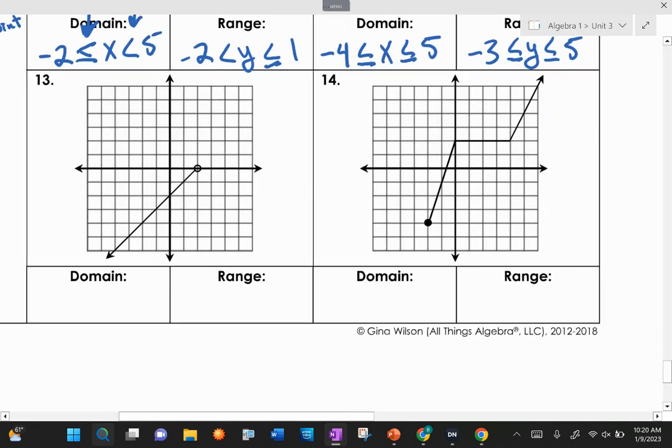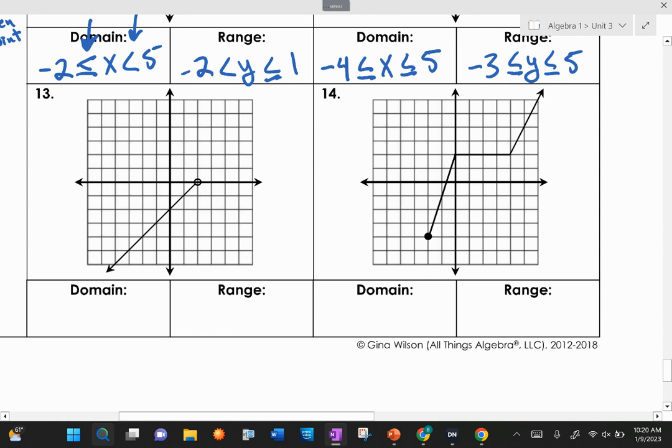Okay, number 13. Let's see. Adam. Hi. Morning. What'd you get for the domain on number 13? Or what did Malcolm get? That's all right.